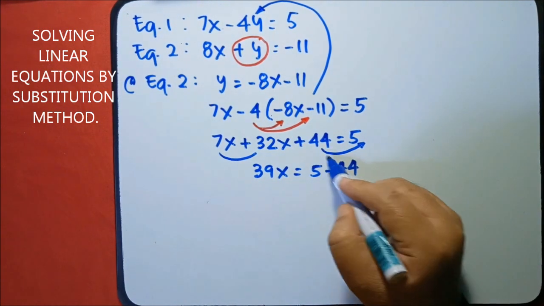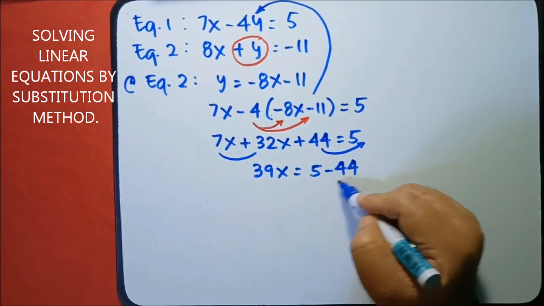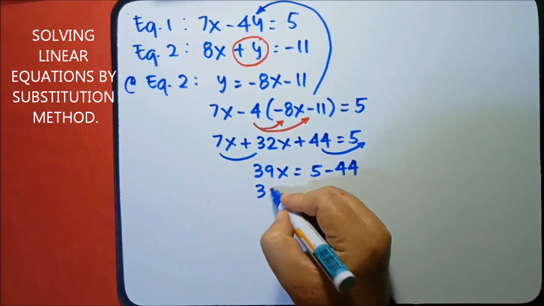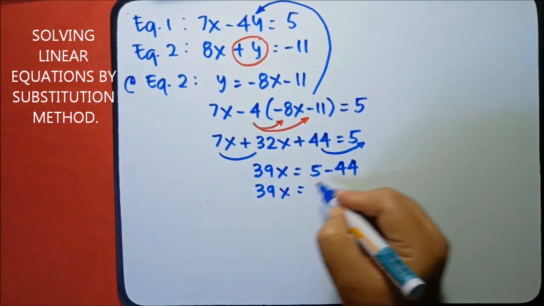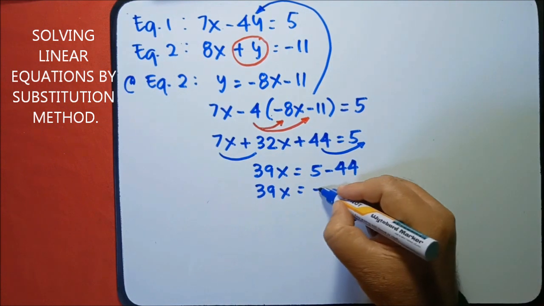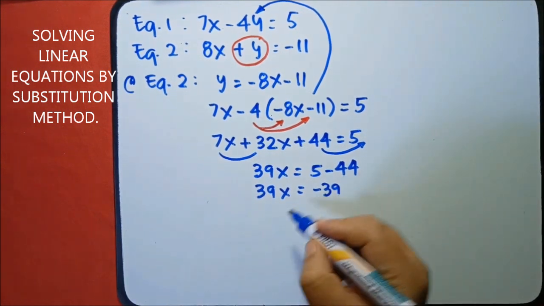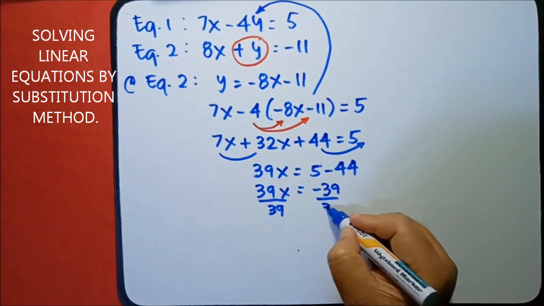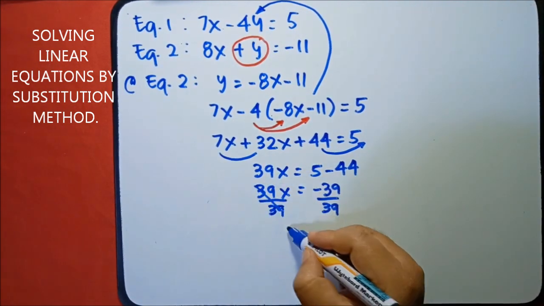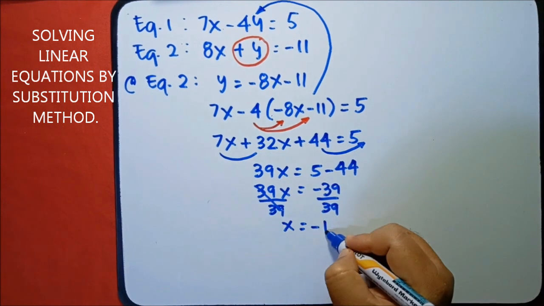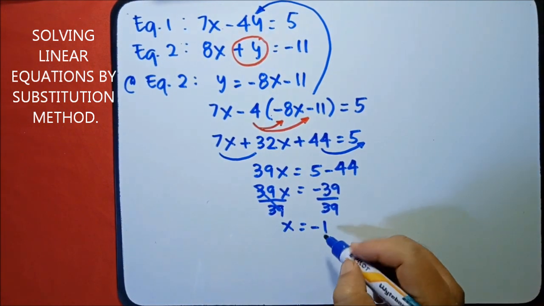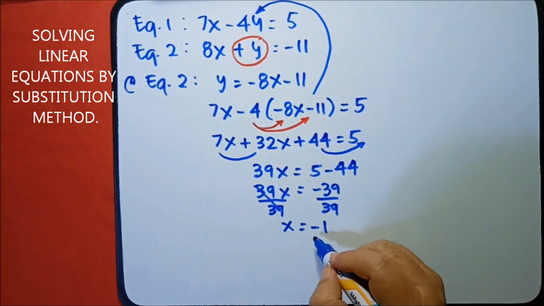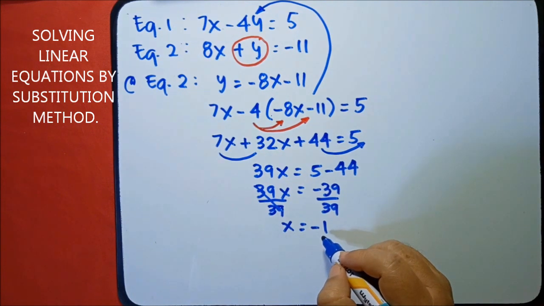Why do we need to move it? So that you can combine the two. So, 39x is equal to 5 minus 44, which is negative 39. So, divide both sides by 39. Okay, so x will become negative 1.